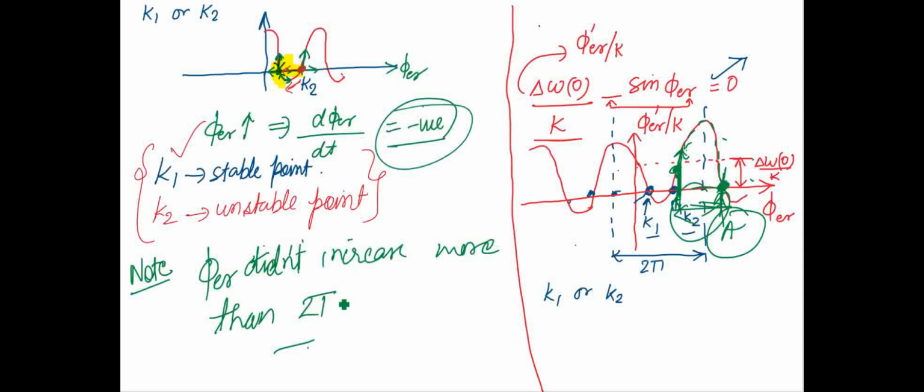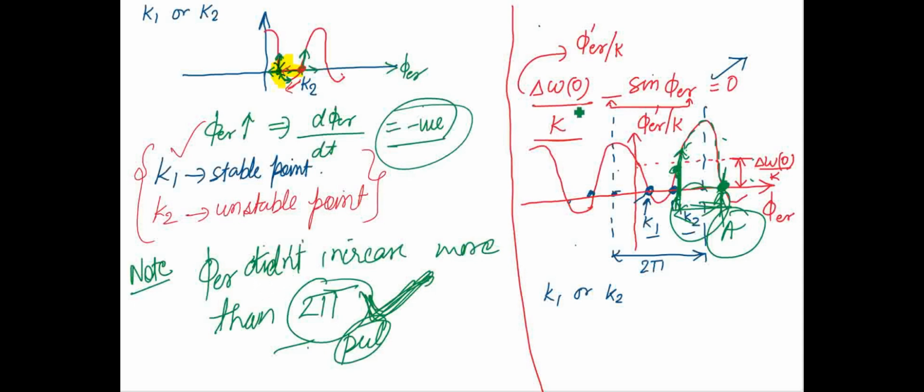That is the condition which we saw in frequency acquisition, right? So what do we call it? We call it lock-in range. For pull-in range, it will exceed 2 pi, and for lock-in range, it will be less than 2 pi. So this is lock-in range. It is able to lock without the phase error exceeding 2 pi.